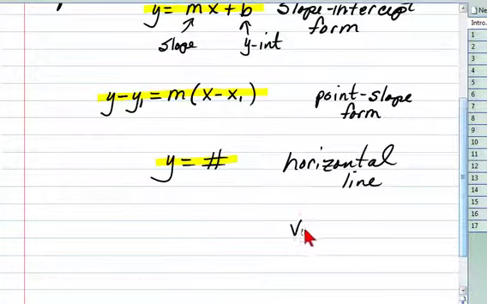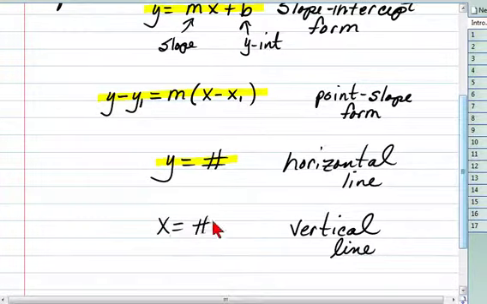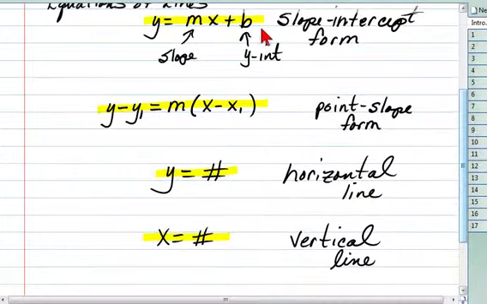If your line is vertical, what does the equation look like? X equals a number. Those are going to be the four different forms that you're going to use in this lesson. Slope-intercept, point-slope, y equals a number, and x equals a number.